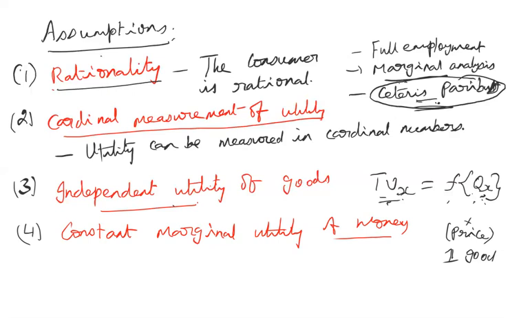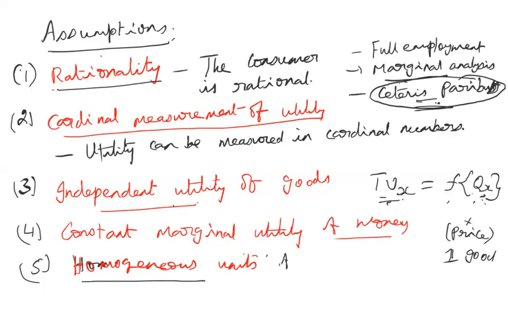Okay, then the fifth one is the homogeneous units of a good. That means all the mangoes, all the units should be of the same taste, same size, same quality, everything should be the same. That is the identical, homogeneous units of a good. If the second mango is tasting better than the previous mango, the comparison is not correct, isn't it?